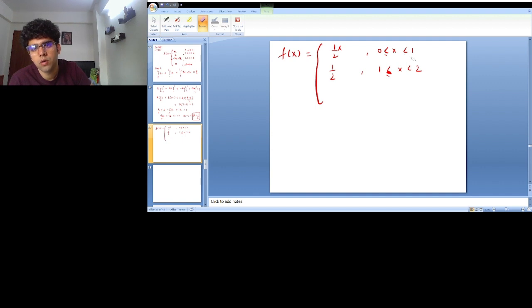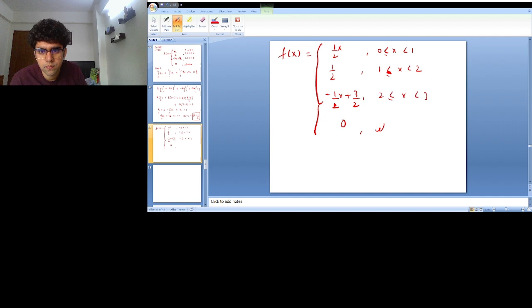It doesn't matter if I include the end values or not, but I am just writing the PDF in the manner that they have written. Minus kx plus 3k, so minus half x plus 3 by 2, where my x lies between 2 and 3, and it is 0 elsewhere.